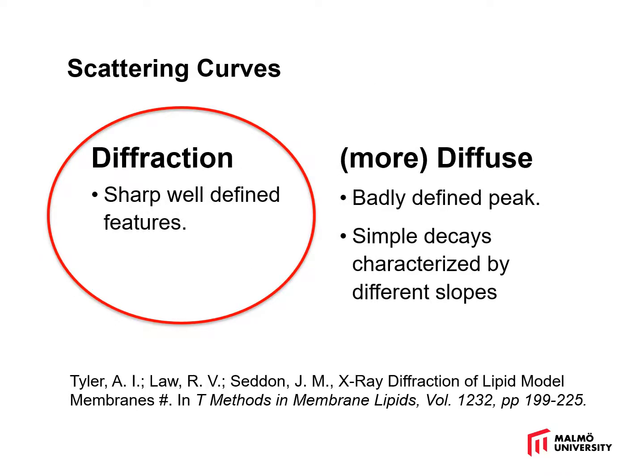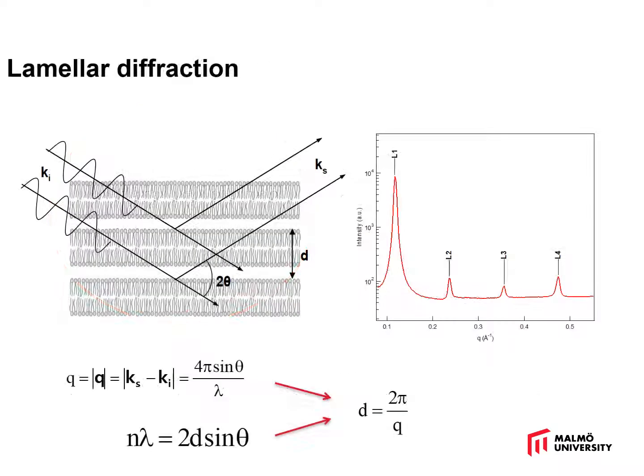So in the first part of this lecture, I'm going to talk about diffraction from soft matter systems. And I've given really quite a nice review of this with application to membrane lipids. So just to revisit some basic theory in the context of lamellar diffraction, we have a periodic structure, which is bilayers stacked upon each other.